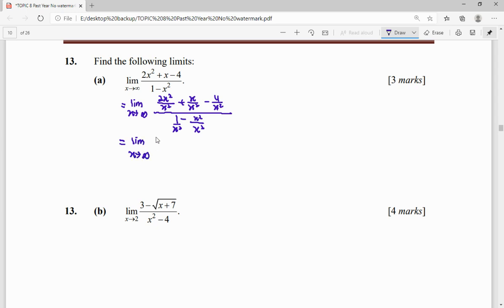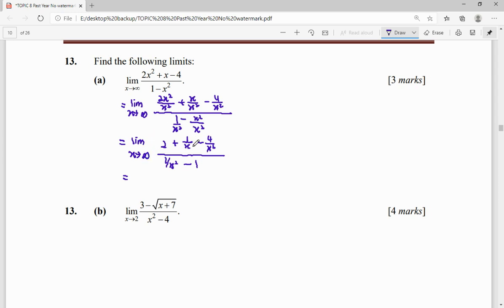Then we simplify our function, we get 2, then 1 over x minus 4 over x squared, divide 1 over x squared minus 1. Then we can try to evaluate our infinity here.